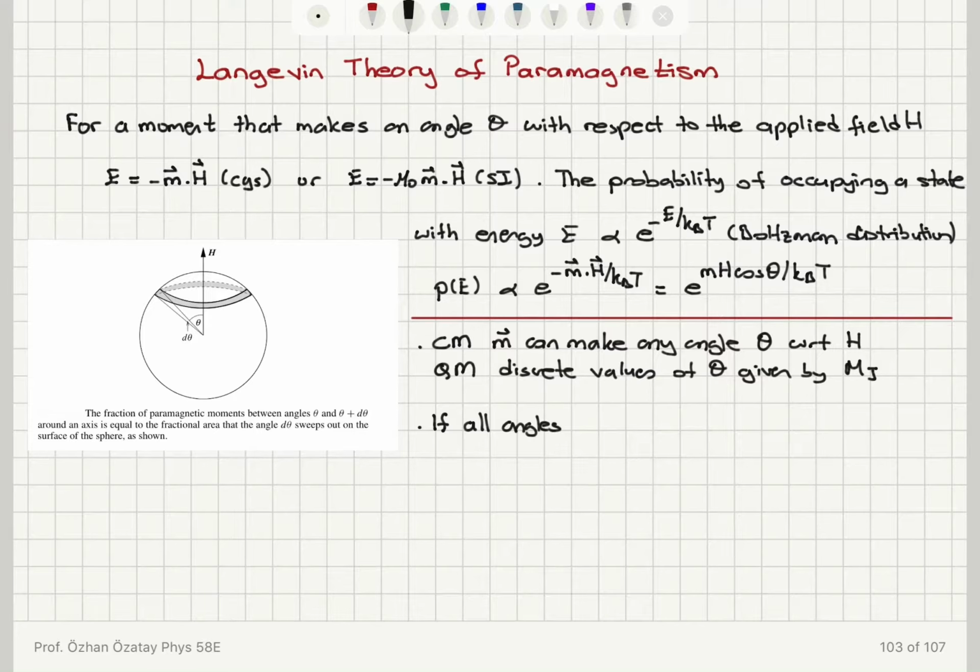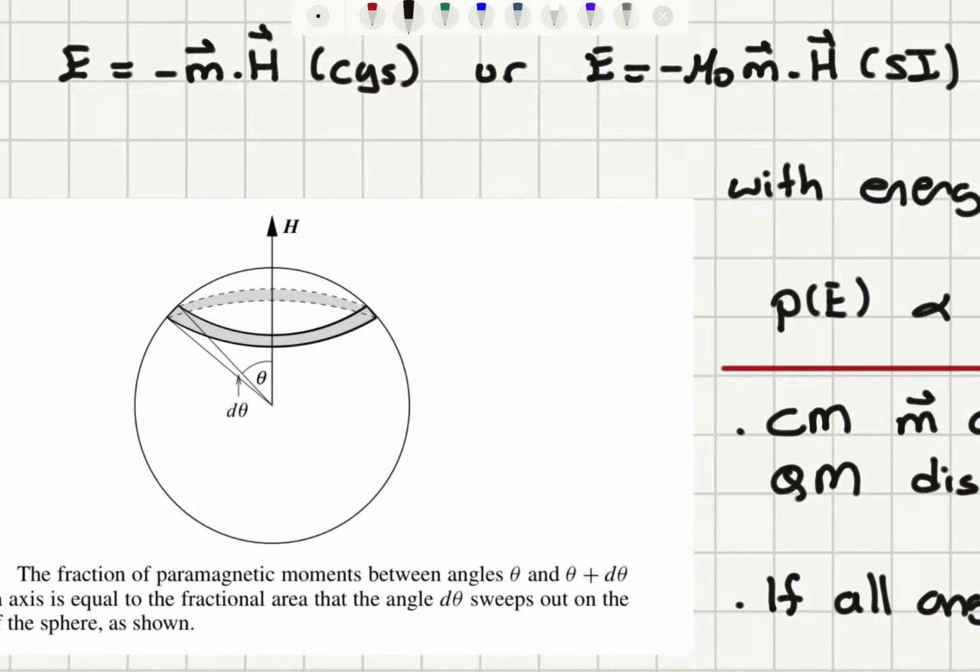If all angles had the same energy, then we can write P of theta, probability of having an angle between theta to theta plus d theta, would be given by the area of this strip divided by the total area of the sphere.